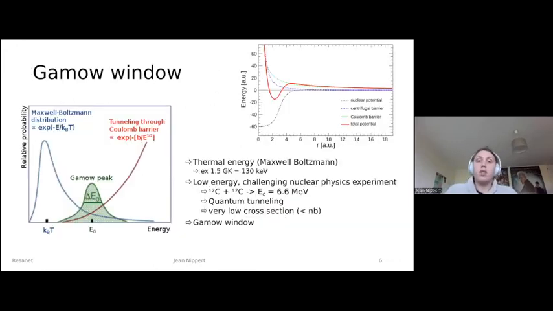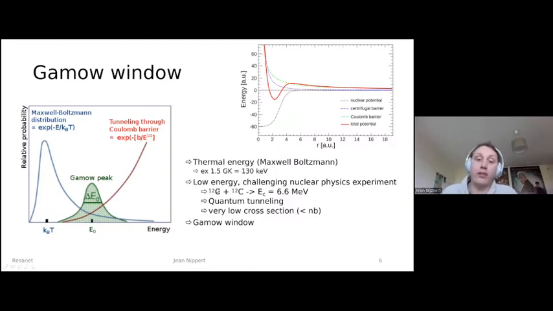In stars, the energy of the particles is thermal energy, and so it will follow a Maxwell-Boltzmann distribution. If you take, for example, 1.5 billion Kelvin, it gives you a peak of the Maxwell-Boltzmann around 130 keV, and this is really low energy and really challenging for nuclear experiments.